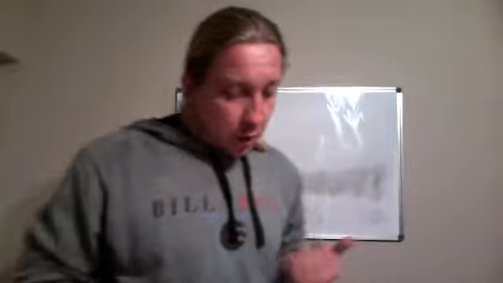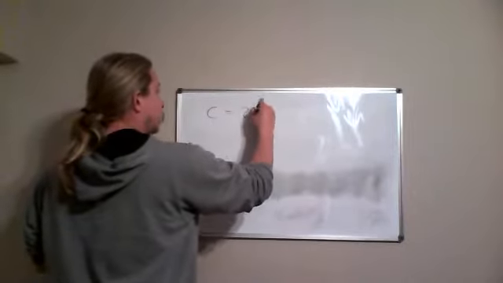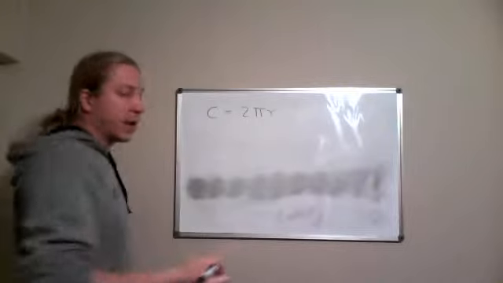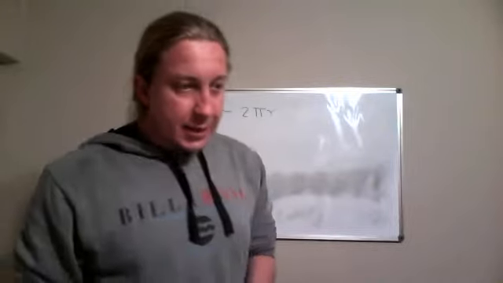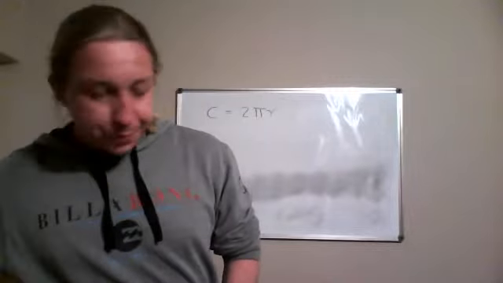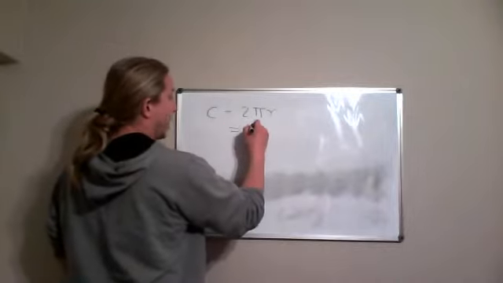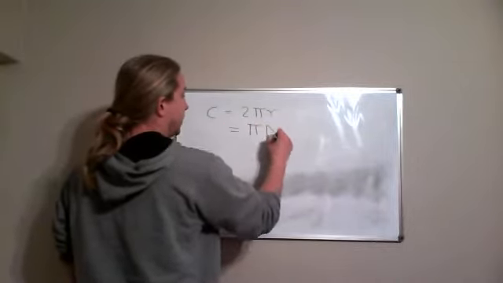Okay, so let's work that out. Remember, our circumference formula equals 2 pi r. In this case, they give us a diameter, so with the diameter, we can use the other formula. Instead of saying 2 pi r, we'll just say pi d.